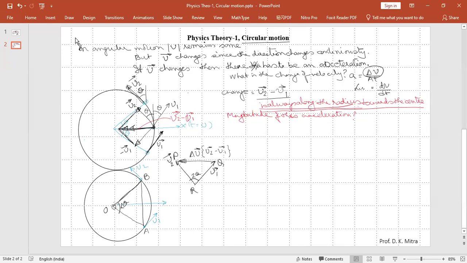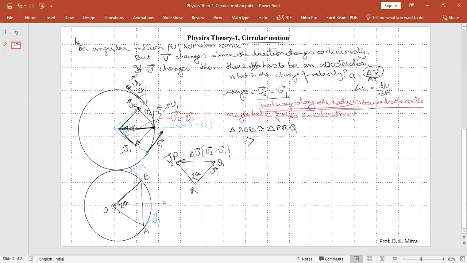Therefore, this triangle AOB is equivalent, angularly, to triangle PRQ. That is so.